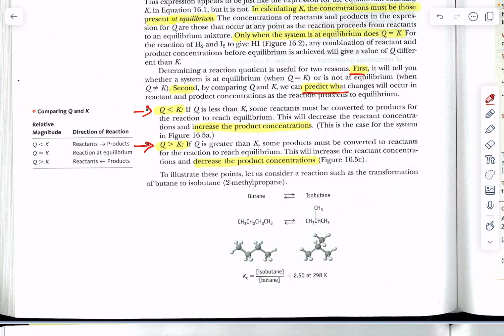Now, if you look at this illustration right here, where we have two isomers of butane. We have the normal isomer of butane and the other isomer of butane, so it's called isobutane.